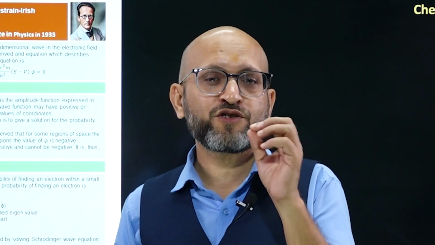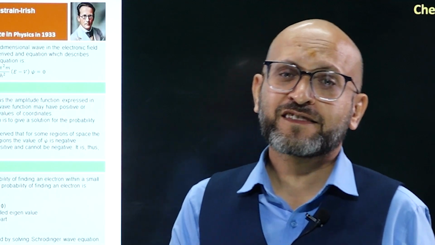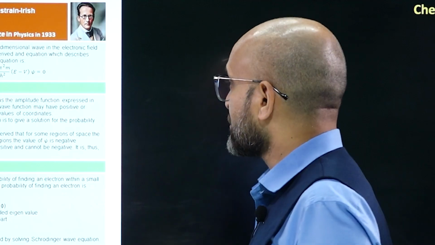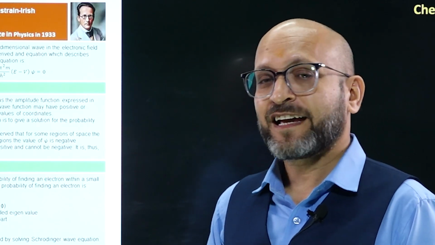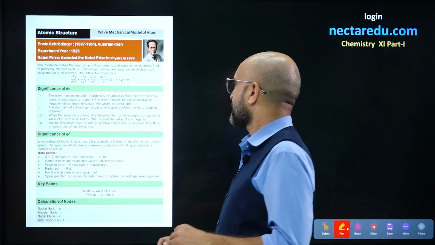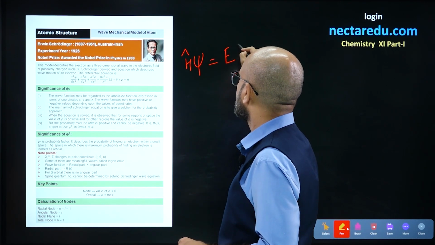So he put both these things together, that electron is a wave and we can predict the probability of finding electron, not the exact position. And he gave a wave equation which is popularly known as the Schrodinger wave equation, that goes like this: del squared psi by del x squared plus del squared psi by del y squared plus del squared psi by del z squared plus 8 pi squared m upon h squared into (E minus V) psi equals 0. Later a short form of it was given like this: H cap psi equals E psi.